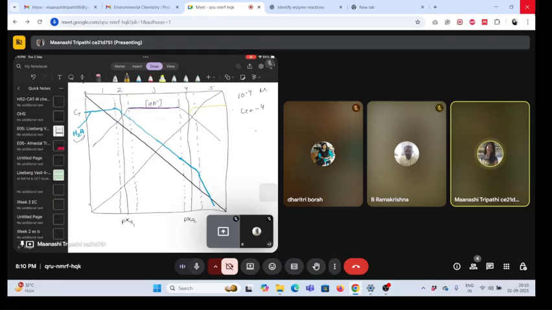Then it will be parallel to our OH line. Then there will be a slight curve. Then it will cut this OH line. This will be the behavior of our A2 negative line.